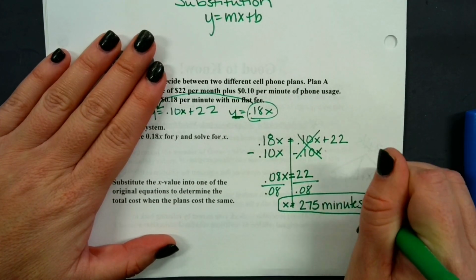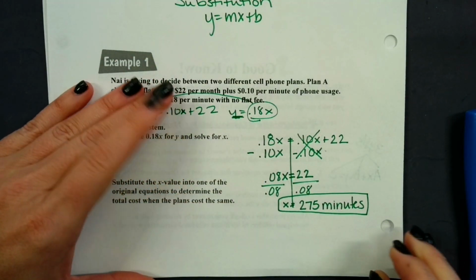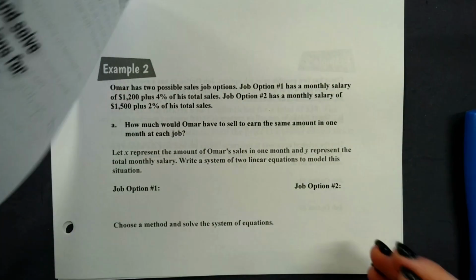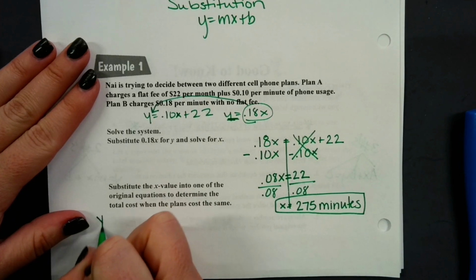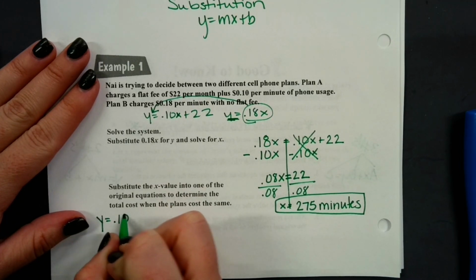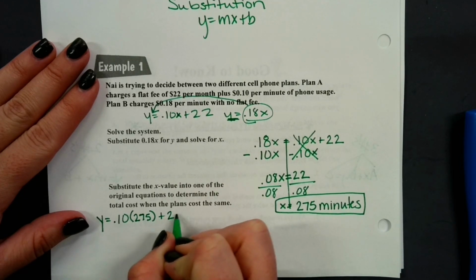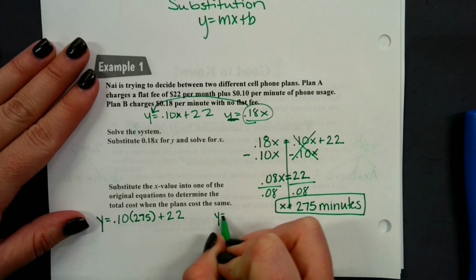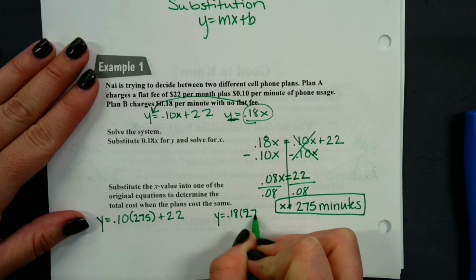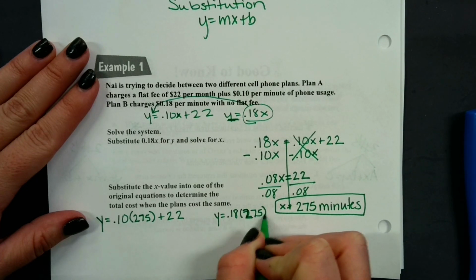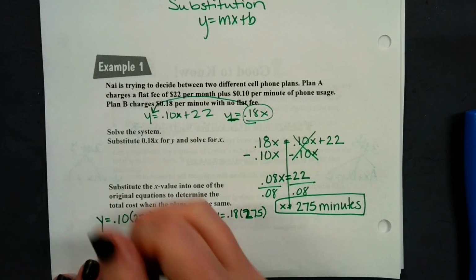If they talked for 275 minutes, the phone plans would be the same. But now they want to know how much it would cost them. So we're going to find out how much it's going to cost in both situations. We're going to multiply them both and figure it out.